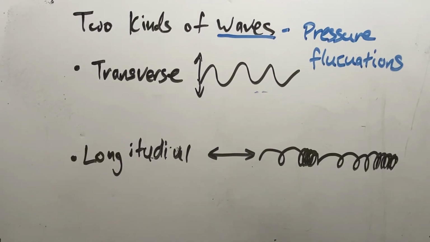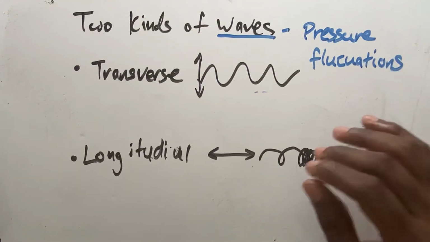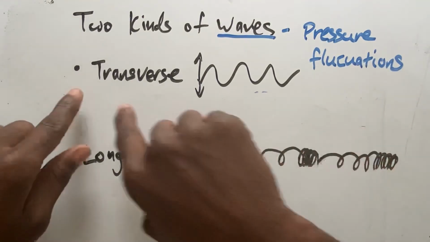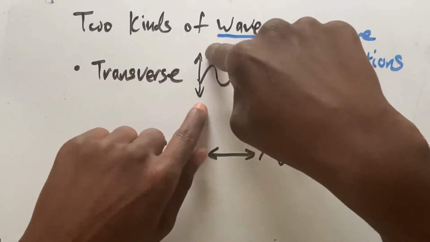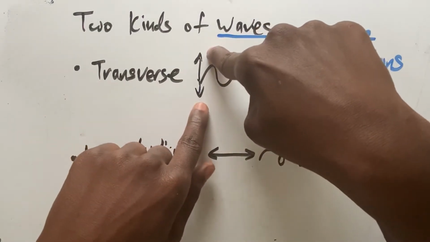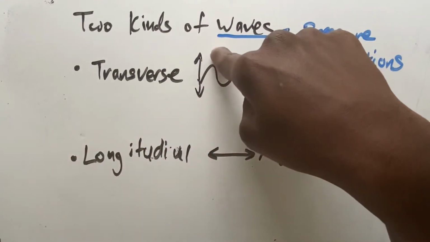So let's see, question number 16 on the slides says the vibrations along a transverse wave move in a direction. So these arrows here represent the directions of the vibration, right?